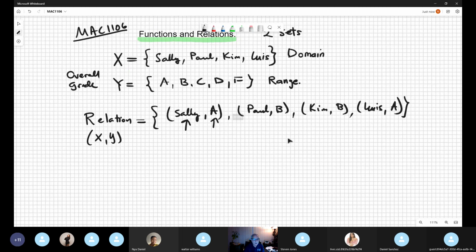However, what about the function? Function is a special relation. Let me try to explain the definition, it's very confusing, functions.